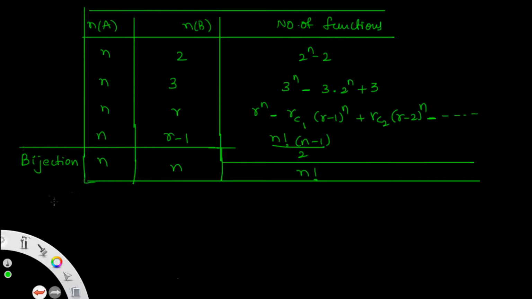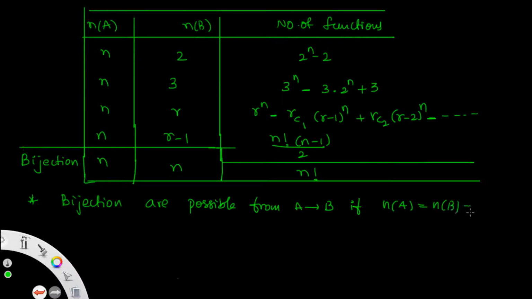So the next condition is, I am writing another way in words. Bijections are possible from A to B if number of A equals number of B, that is also n.